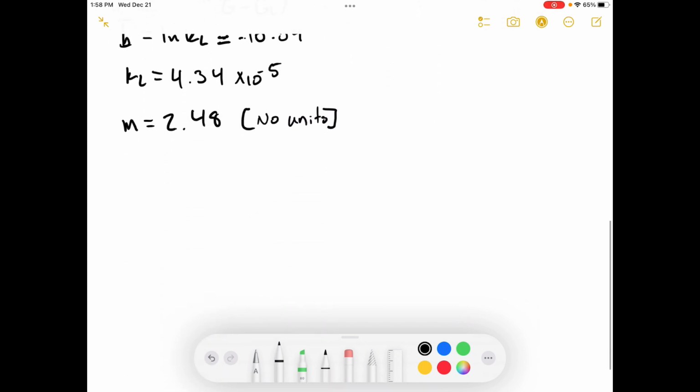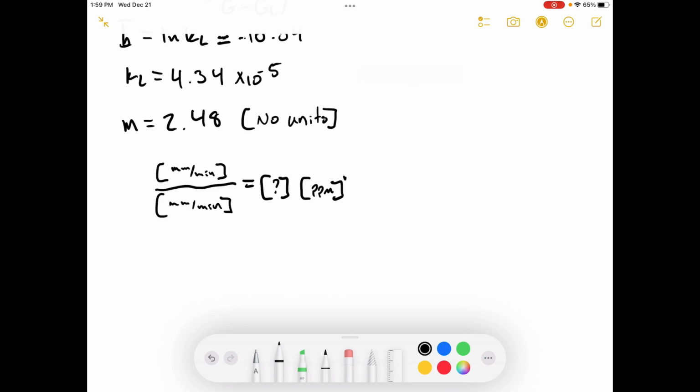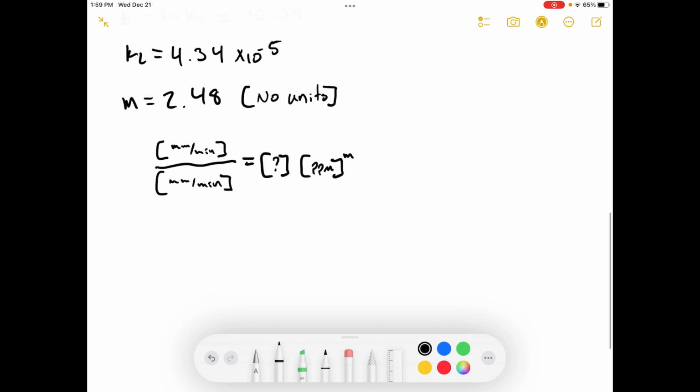Okay, so let's write that mathematically. We've got millimeters per minute in the numerator. We've got millimeters per minute in the denominator. Then we have unknown units here for KL. And then we have ppm raised to the m power. And the m's are unitless. Now we have to solve this algebraically.